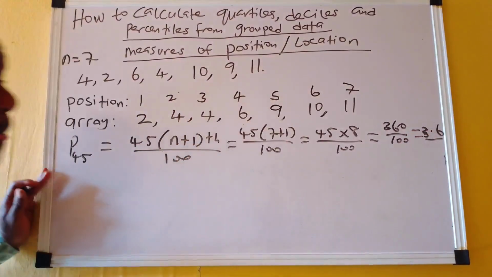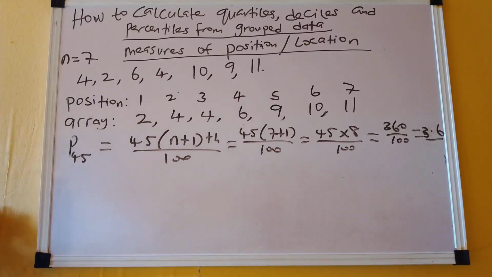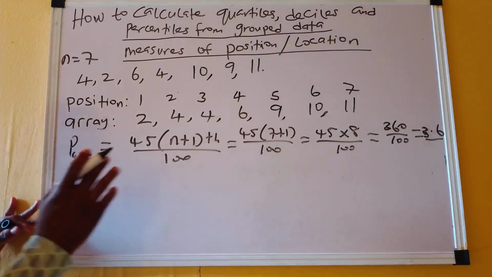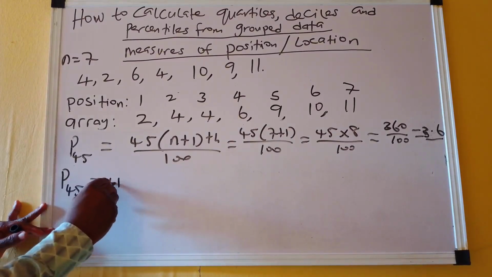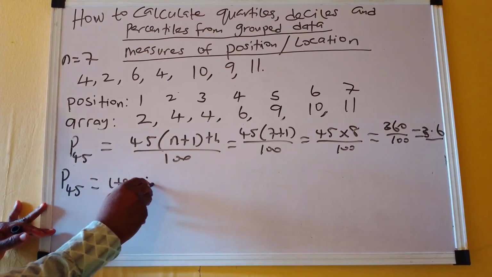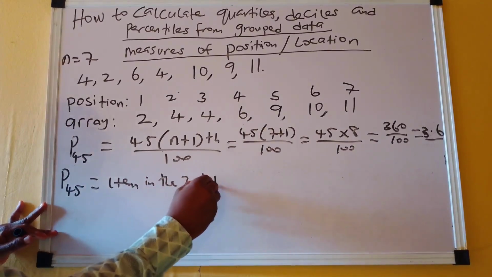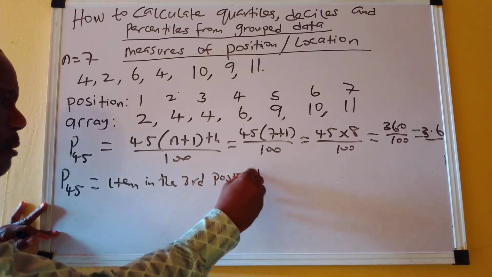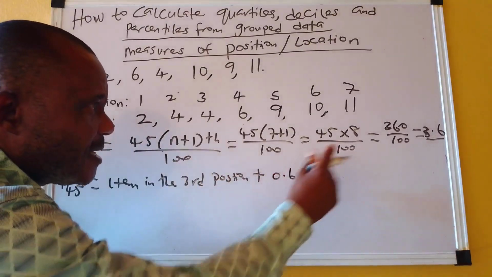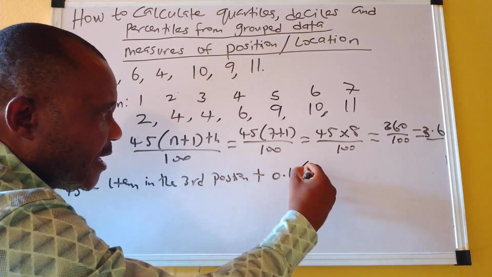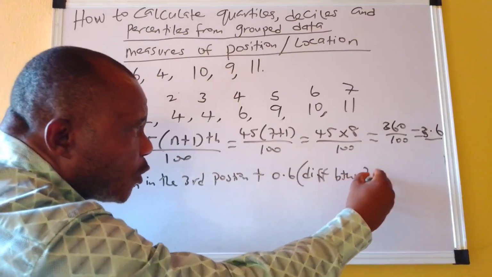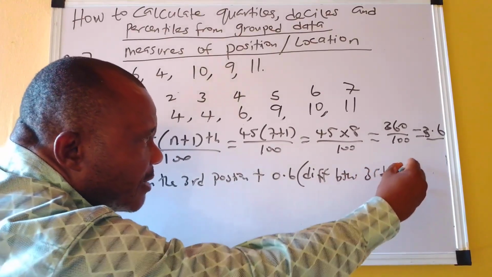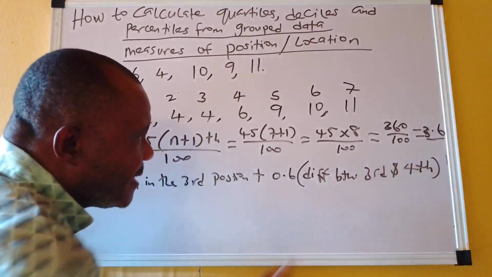So the item is between the third and the fourth position. So our P45 will be equal to the item in the third position plus 0.6 into the difference between the third and fourth items.